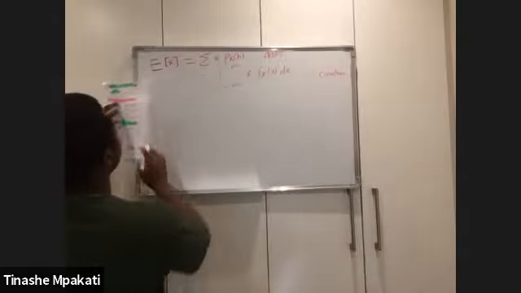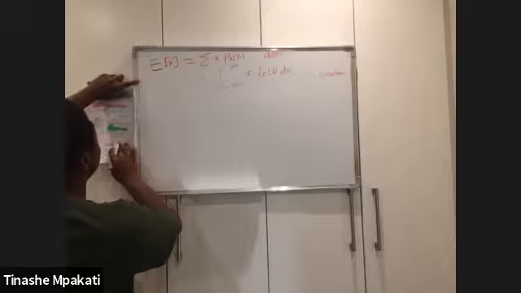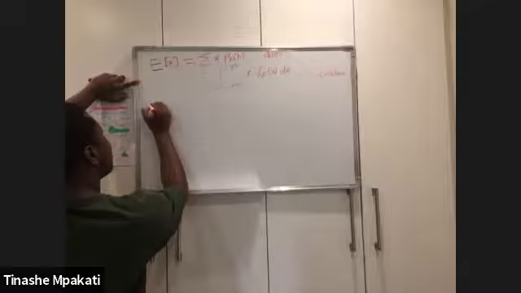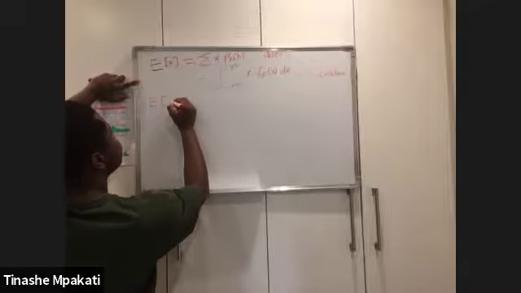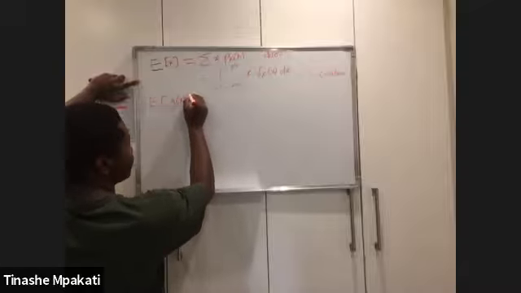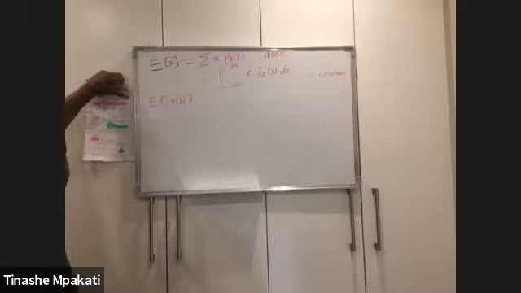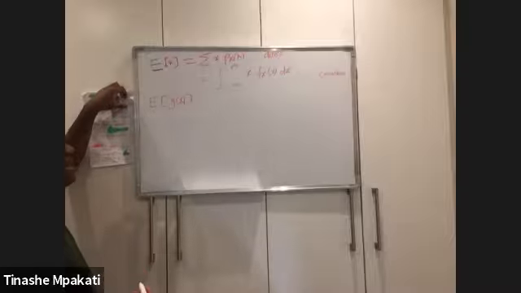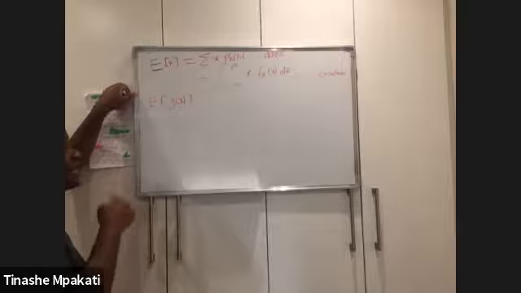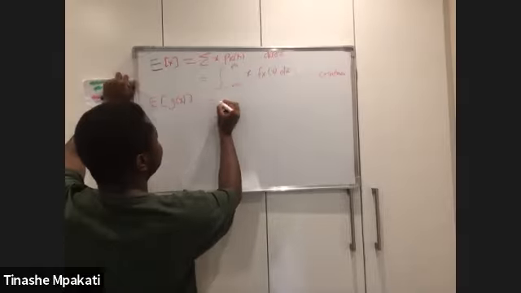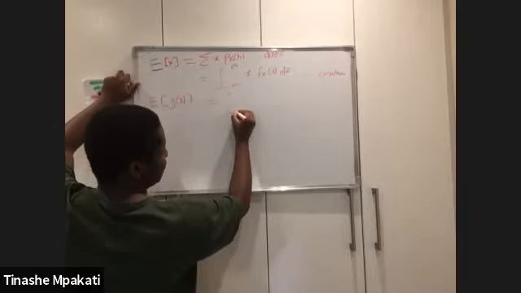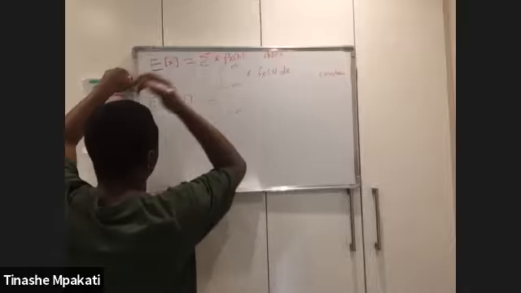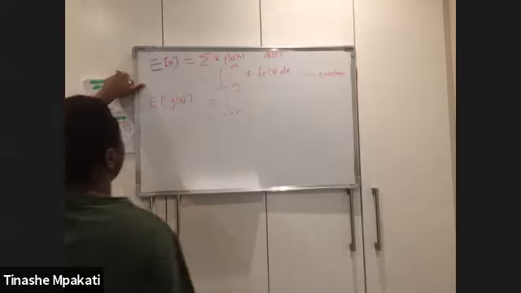Cool. What follows is the law of the unconscious statistician, which tells us that if you want to find the expectation of something which is in terms of X, again, this falls under when you're doing some sort of transformation: you have a random variable X, but now you want to find something else that is written in terms of X. You want to find its expectation. This will simply be equal to you integrating, if this is continuous, over the whole interval.